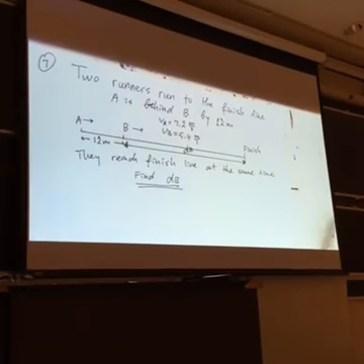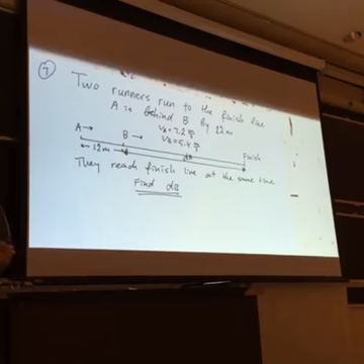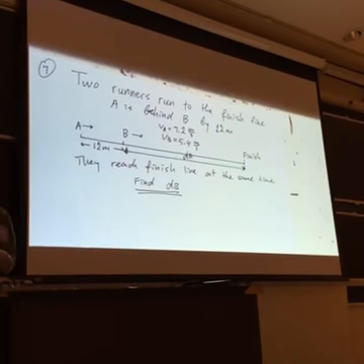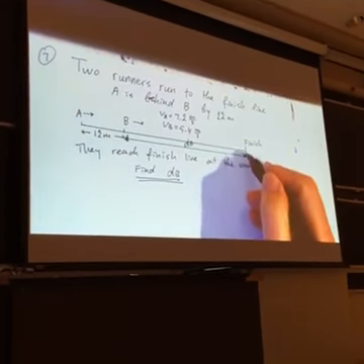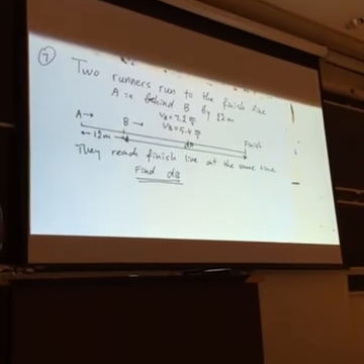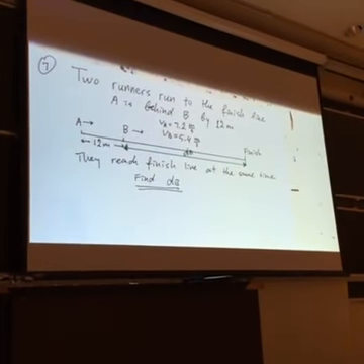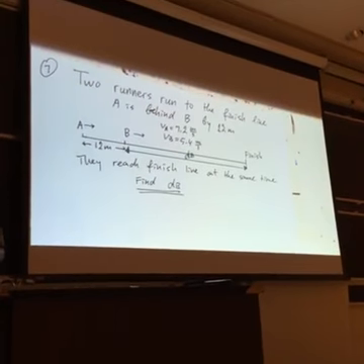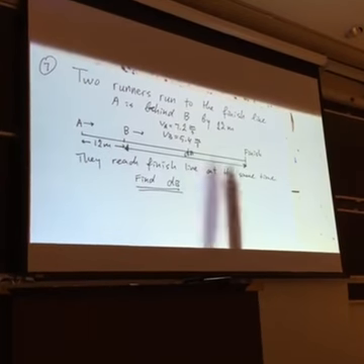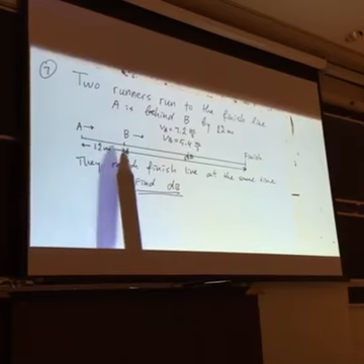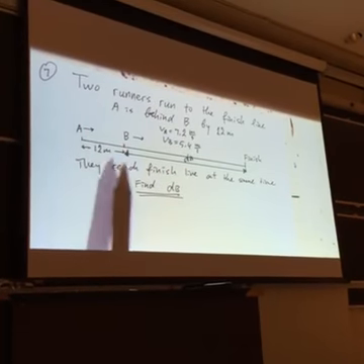So they are running with constant velocity. The one behind is running faster. They reach the finish line at the same time. You need to find the distance of runner B from the finish line at the initial time point.